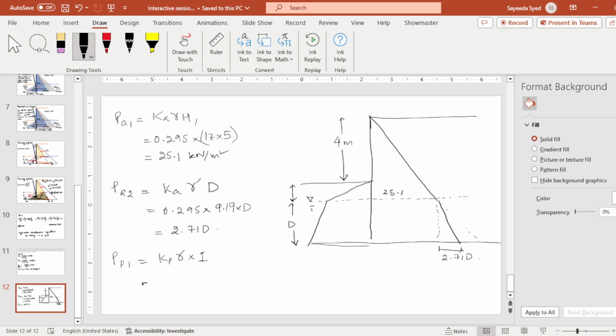Kp we are taking as 2.261, gamma is 17. This will come out to be 38.4 kilonewton per meter square.